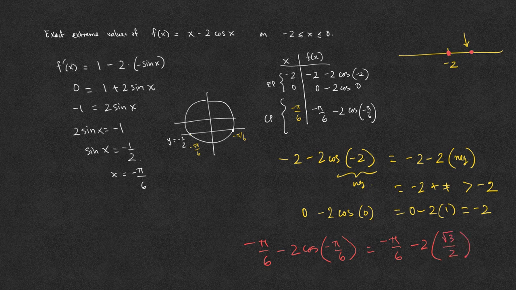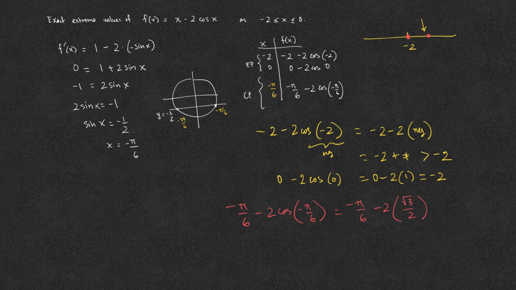And this number is -pi over 6 minus root 3. With pi being roughly 3.14, -pi over 6 is approximately negative 1/2, minus root 3. Root 3 is about 1.7, and so this is negative 2.2, which is on the left hand side of negative 2.